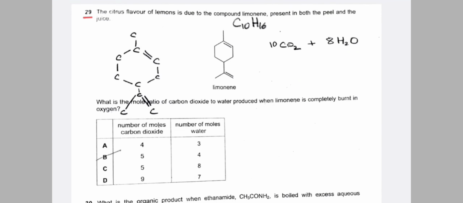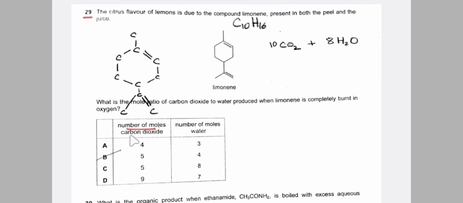Question number 29. The citrus flavor of lemon is due to the compound limonene present in both the peel and the juice. What is the mole ratio of carbon dioxide to water produced when limonene is completely burned with oxygen?